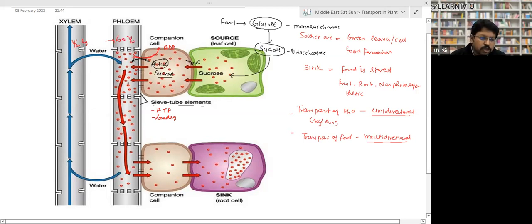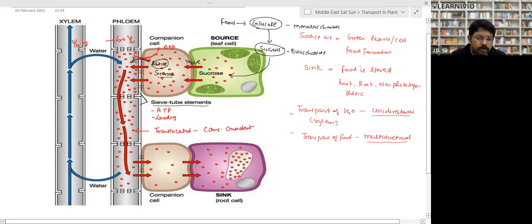Then in the sieve tube element, this food is transferred from one sieve to another sieve to another sieve in the direction of the concentration gradient. So here the food is translocated in the direction of concentration gradient.